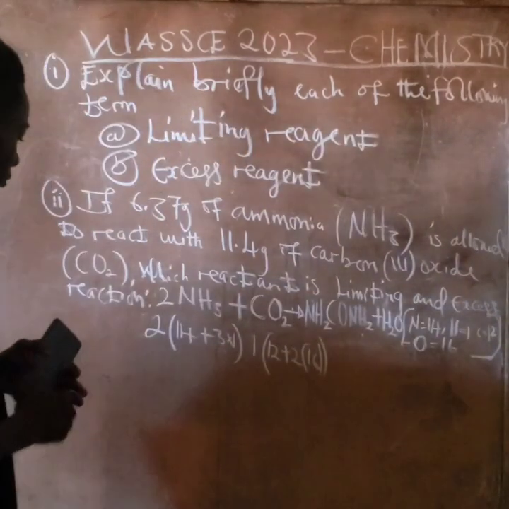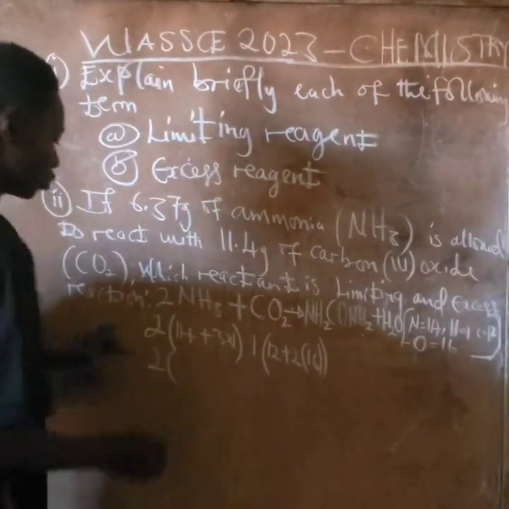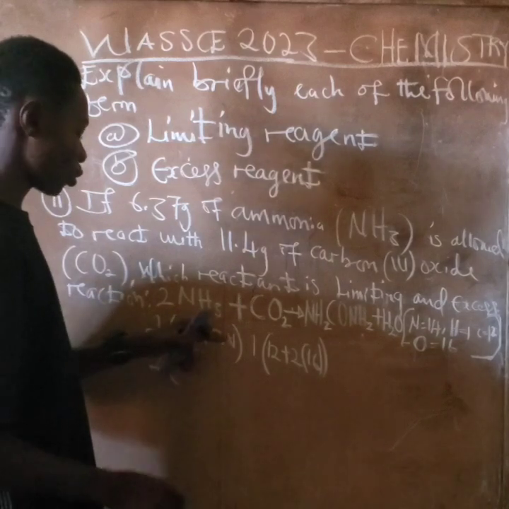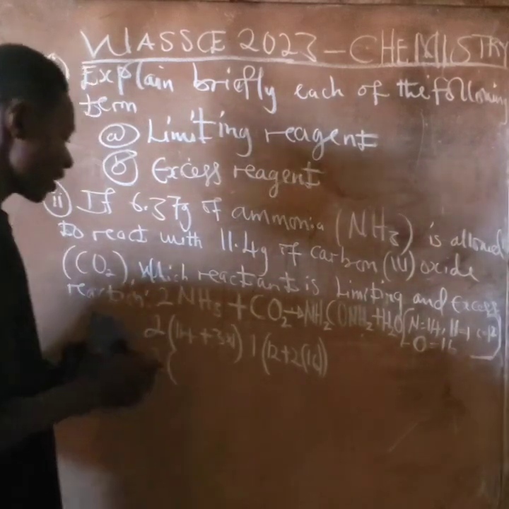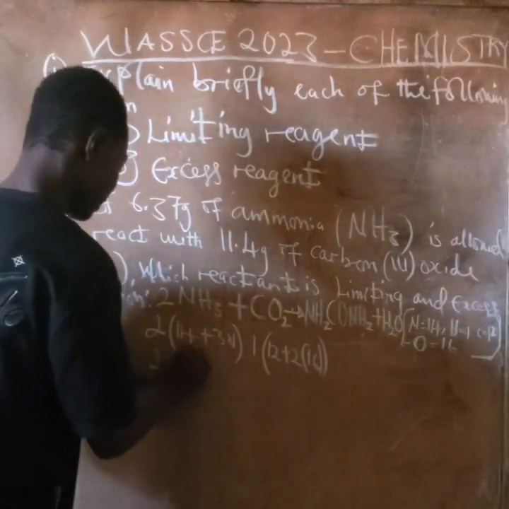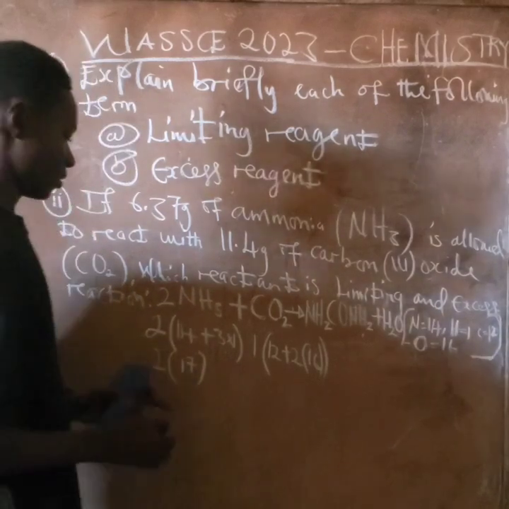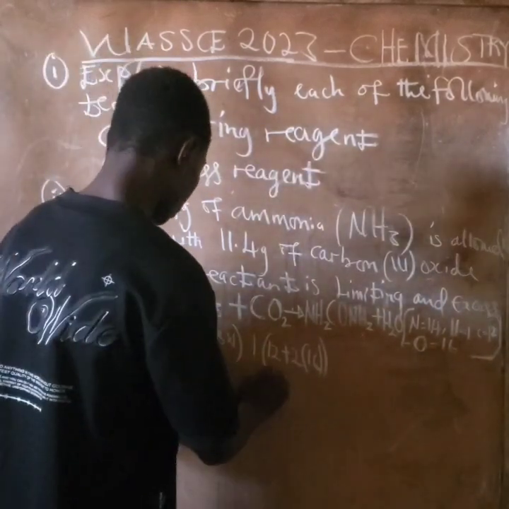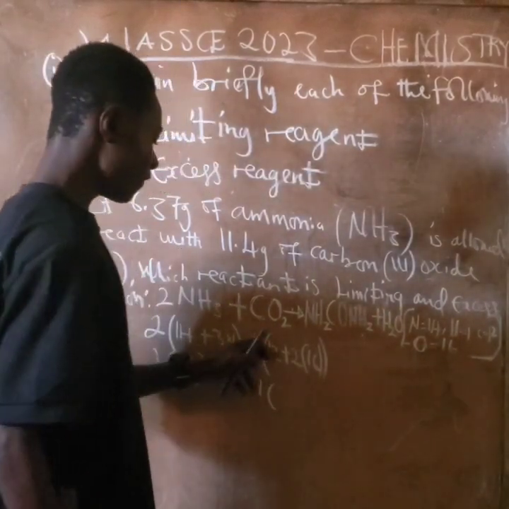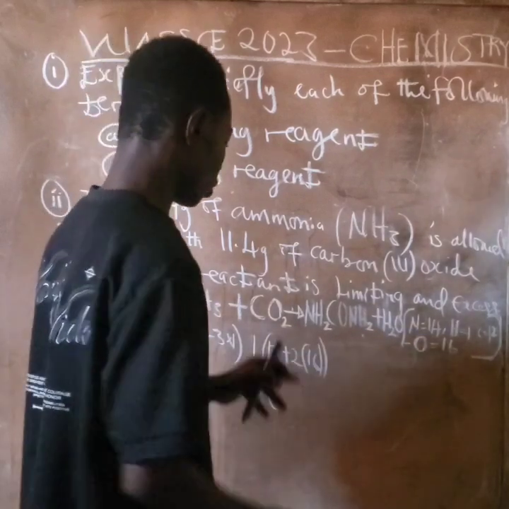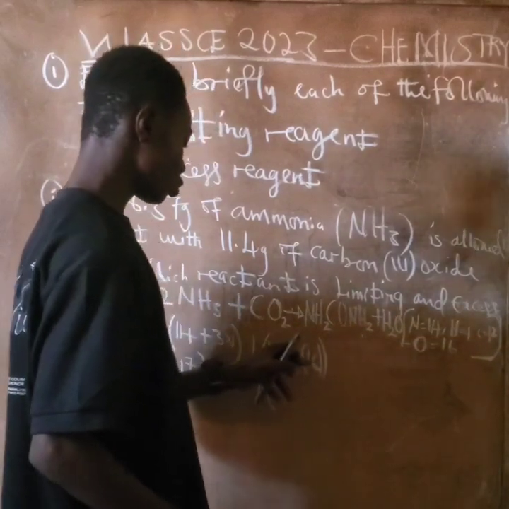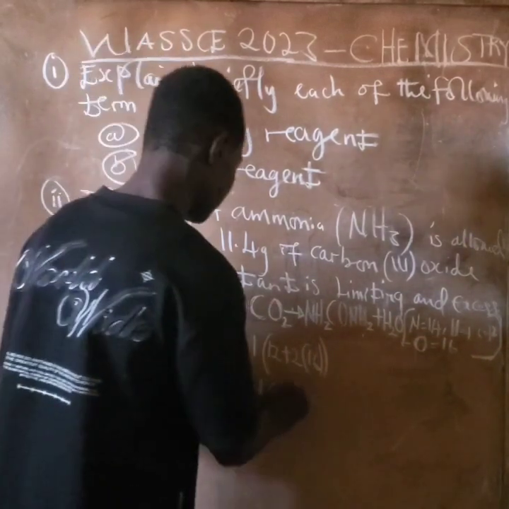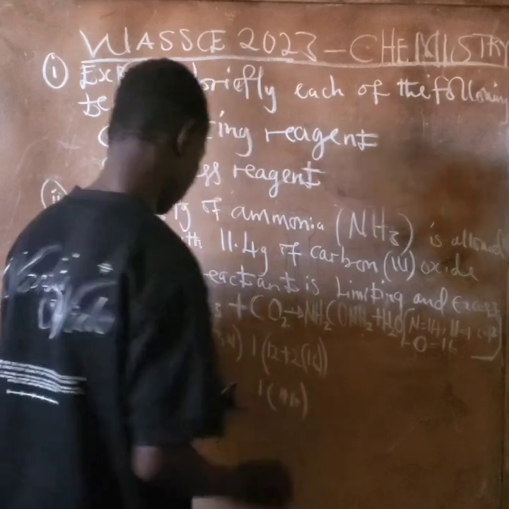Now, 2 into 14 plus 3 times 1. 3 times 1 is 3, plus 14 gives me 17. Now, 1 into 12 plus 2 multiplied by 16. 2 multiplied by 16 is 32. 32 plus 12 is 44.